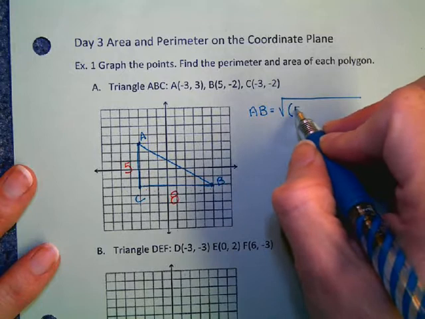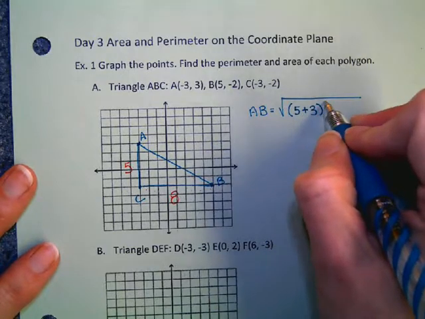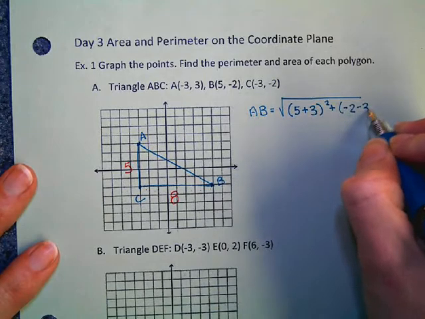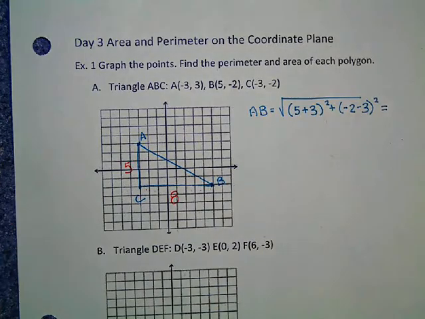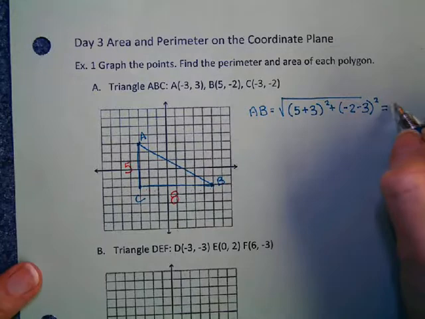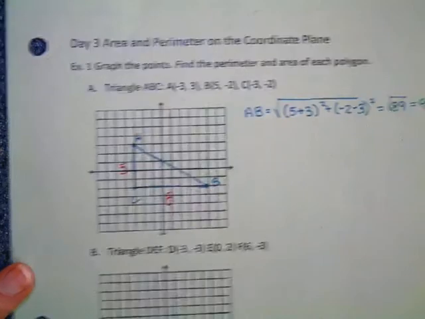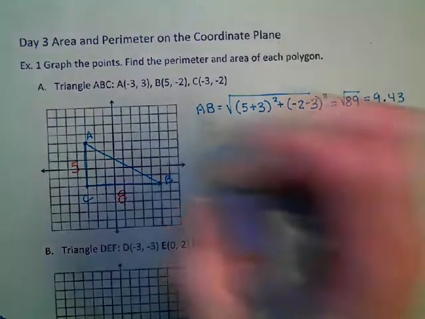So 5 minus -3 gives me a +3, and our y is -2 minus 3, squared. You can leave your answer in square root form, but it's easier in decimal form. So the square root of 89 comes out to 9.43. On all of this, we're always going to round to the nearest hundredth, just because it makes it more accurate.